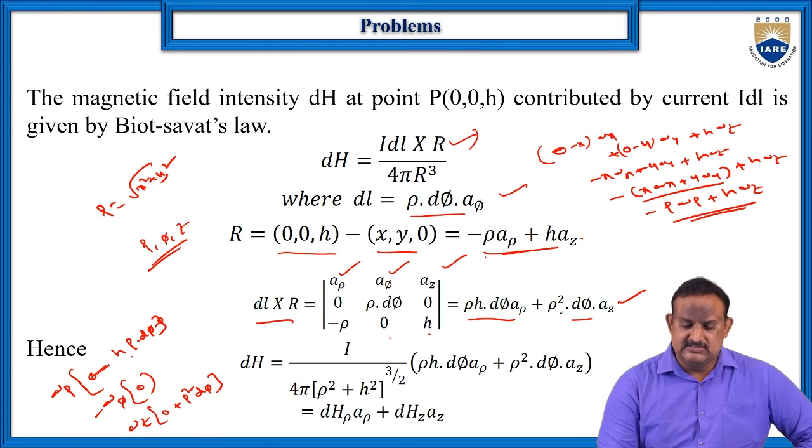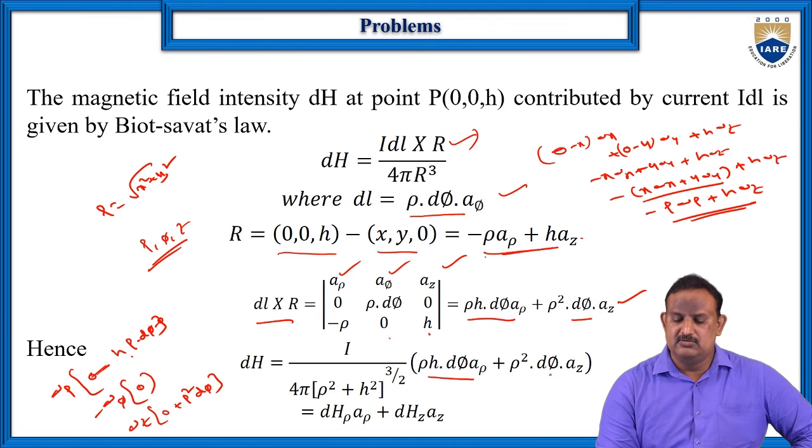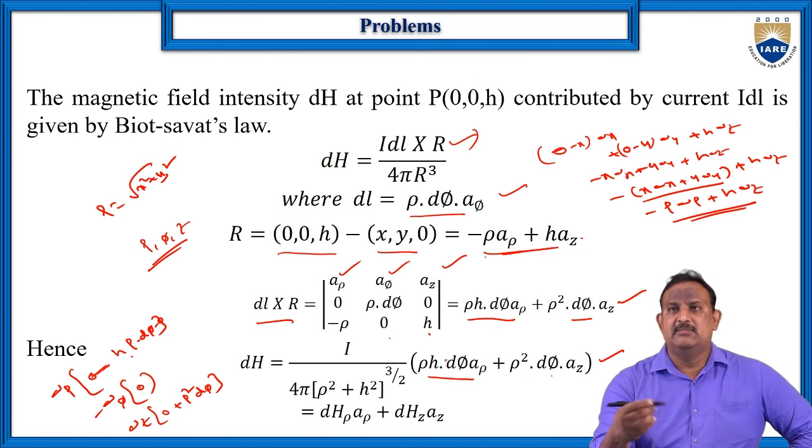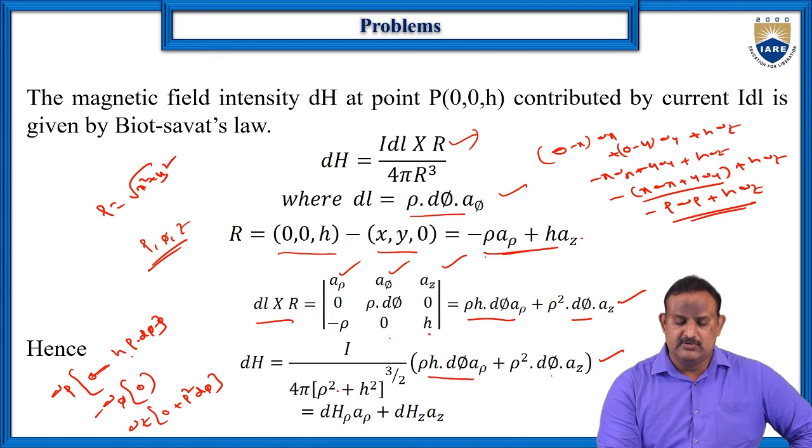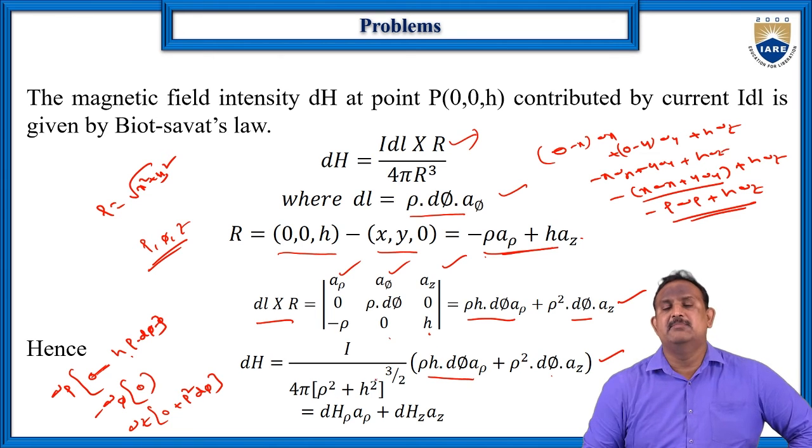So if you substitute the same in dH, we have dH equal to I by 4 pi into dl cross R. dl cross R is rho h d phi a rho plus rho square d phi a z, divided by the magnitude of the distance, which is root of rho square plus h square whole power 3 by 2.